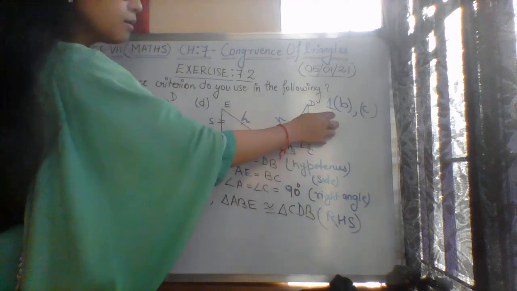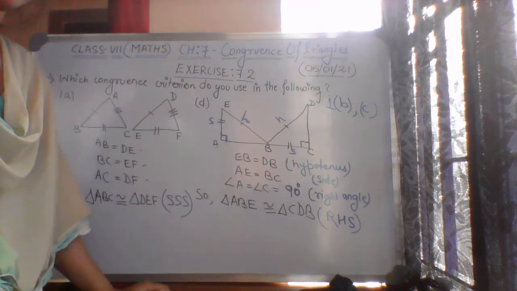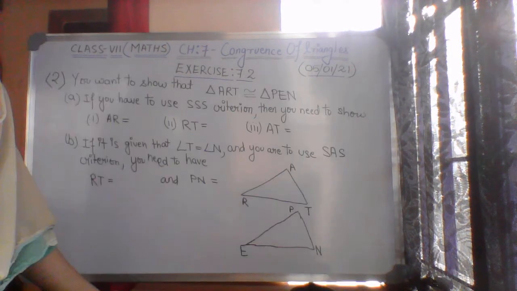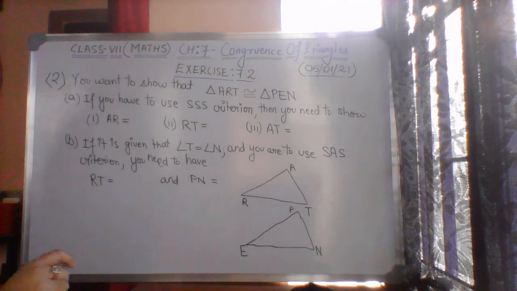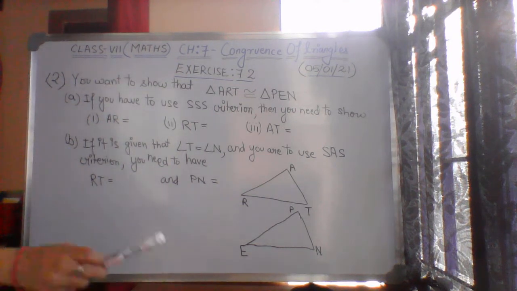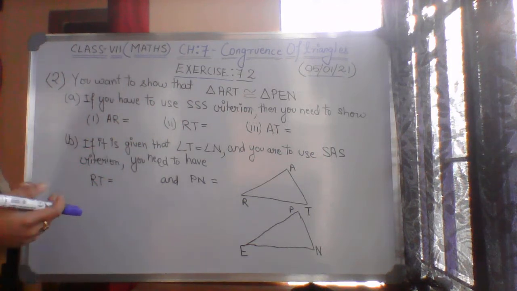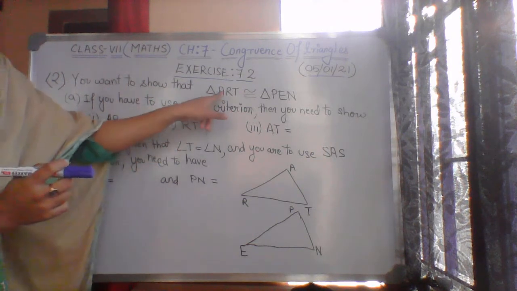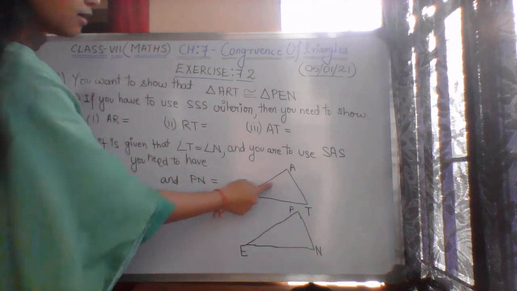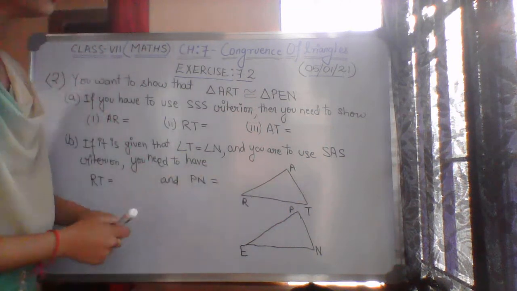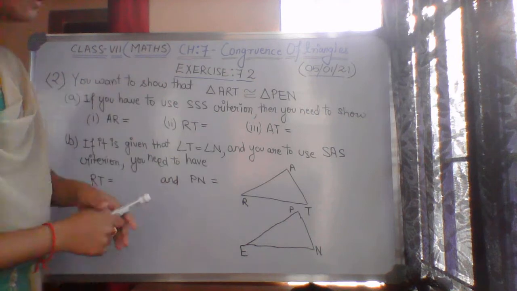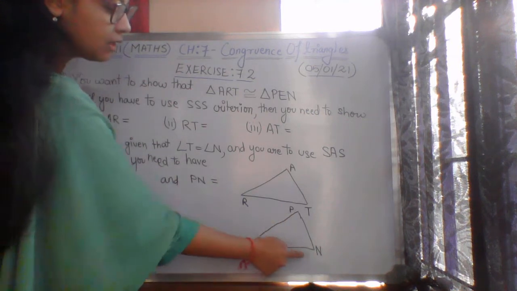Okay, now moving on to the next question. Question number 1, B and C, you try at home. Now the second question. In the second question, you want to show that triangle ART is congruent to triangle PEN.